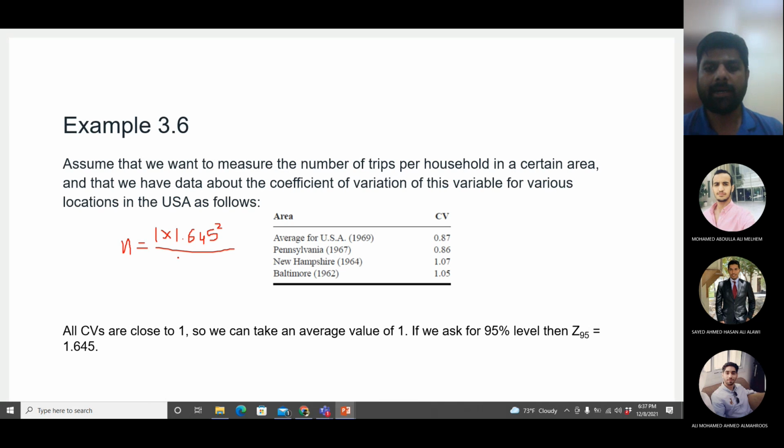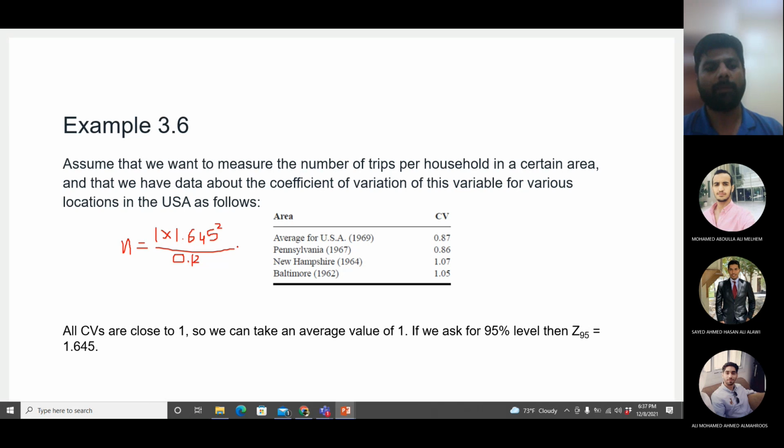E is normally taken as 10%, 10% error. So this will become 0.1 square or 0.01.